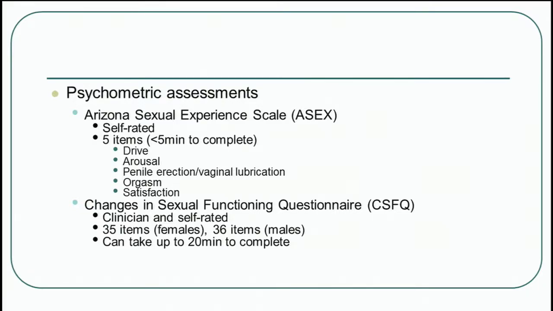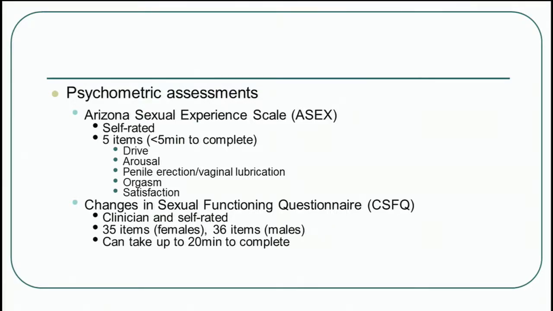I've included here 2 common psychometric assessments, but they are quite different in the fact that the Arizona Sexual Experience Scale is self-rated and is only 5 items and takes less than 5 minutes to complete, whereas the Changes in Sexual Functioning Questionnaire is both clinician and self-rated, is 35 or 36 items depending on gender, and can take up to 20 minutes to complete.